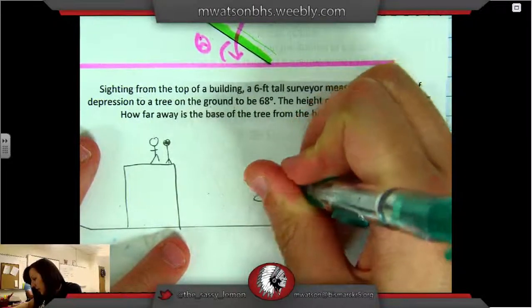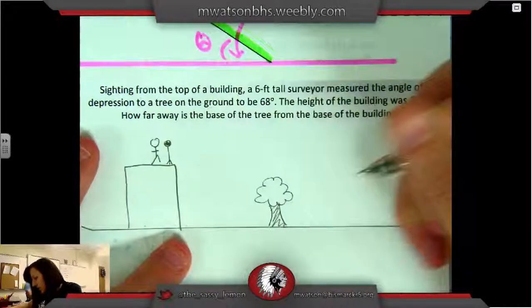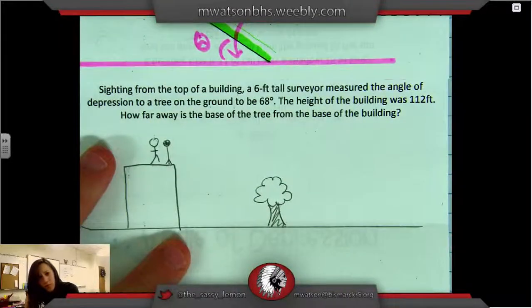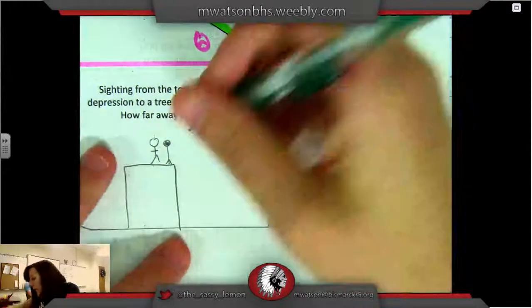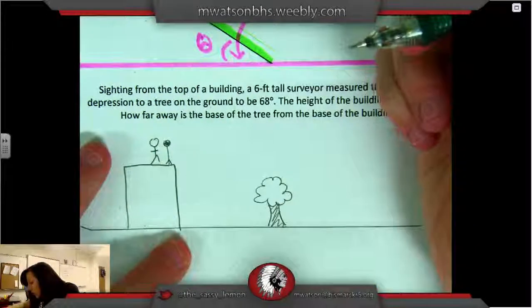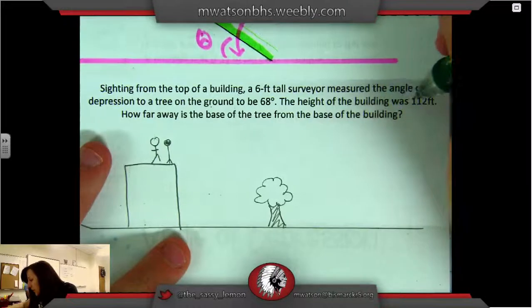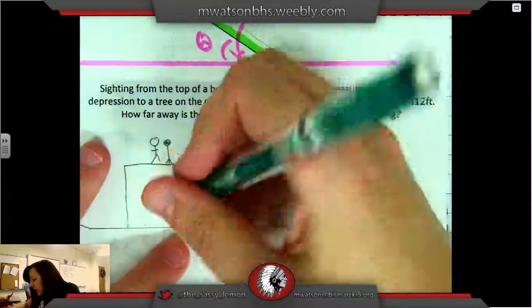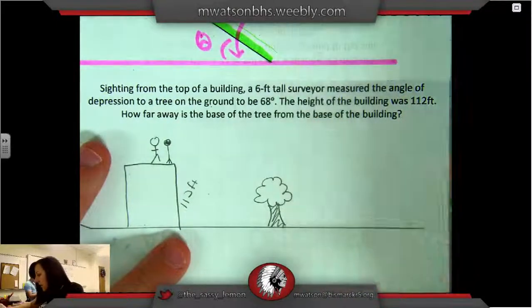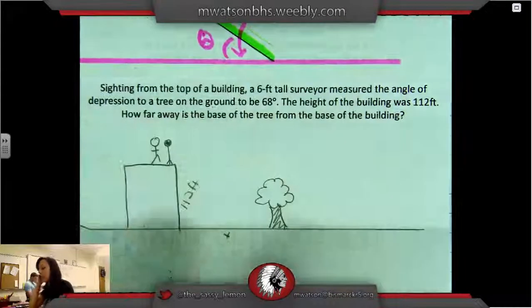So he's measuring an angle of depression to a tree on the ground. So here's my tree, and he's measuring this. The height of the building is 112 feet. How far away is the base of the tree from the base of the building? So we're looking for this distance.